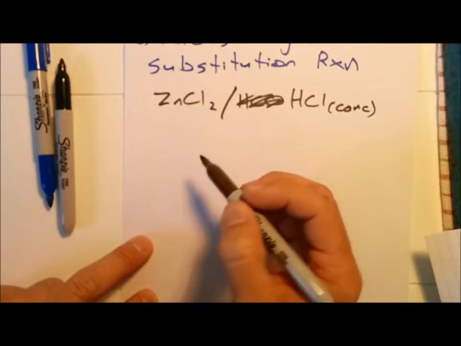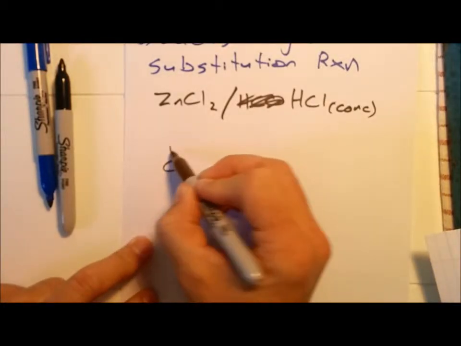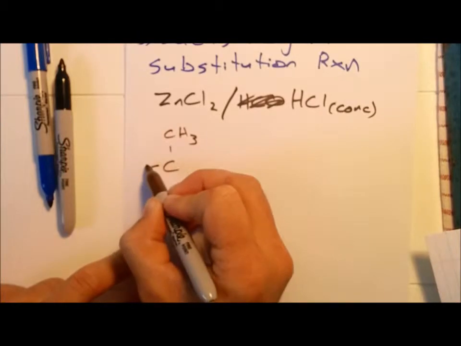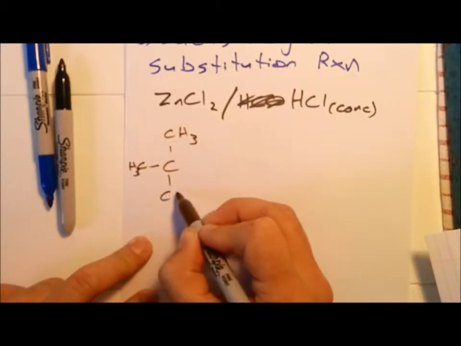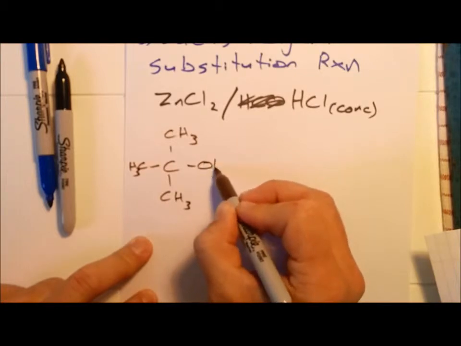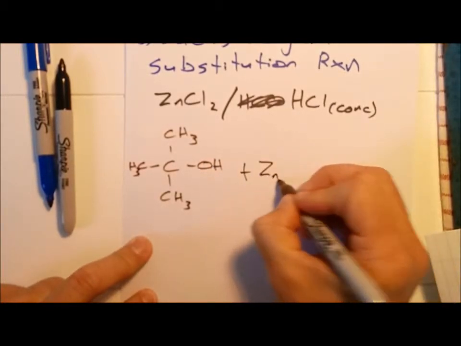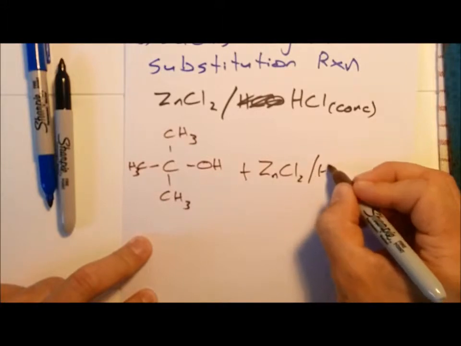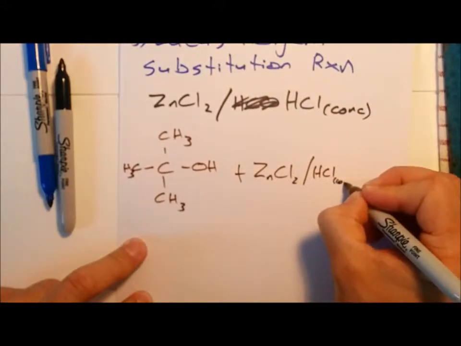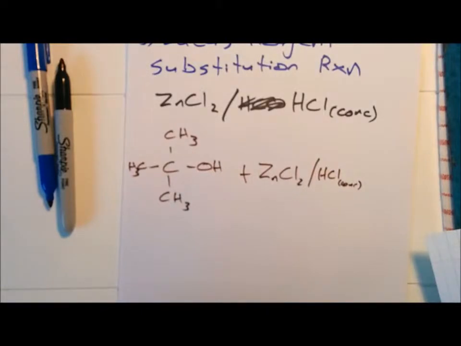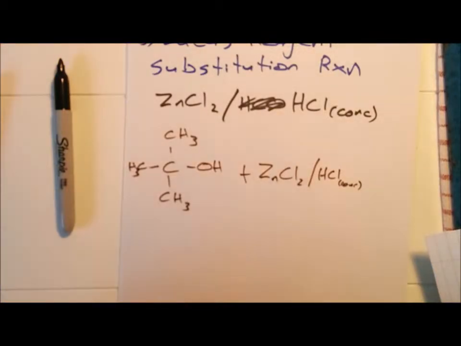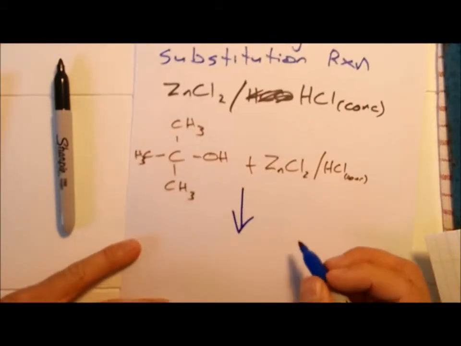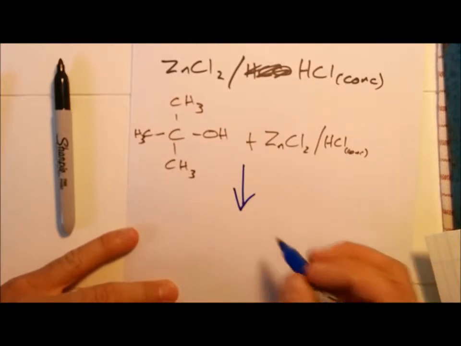So if we are going to react it with a tertiary alcohol, such as 2,2-dimethyl ethane, we end up getting a chloride.